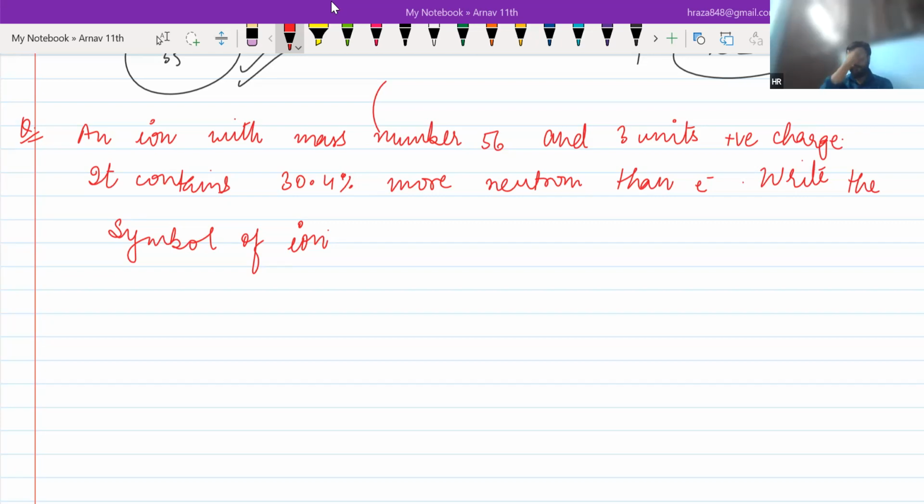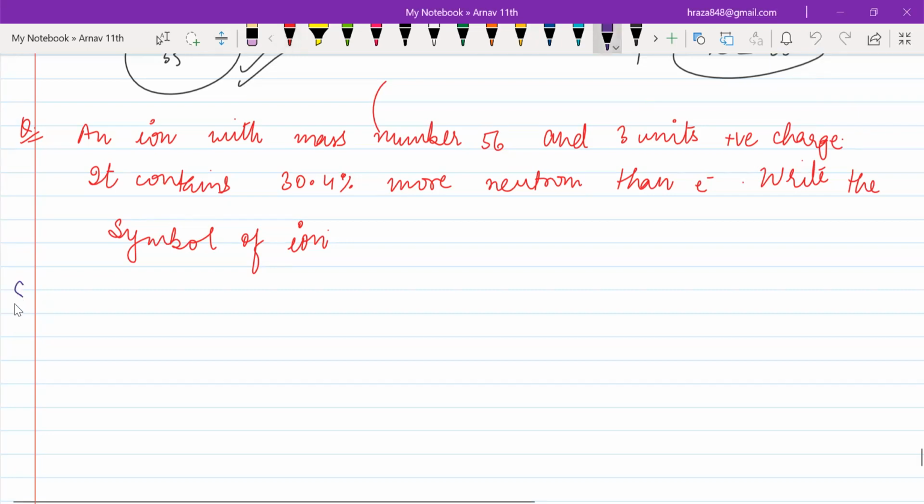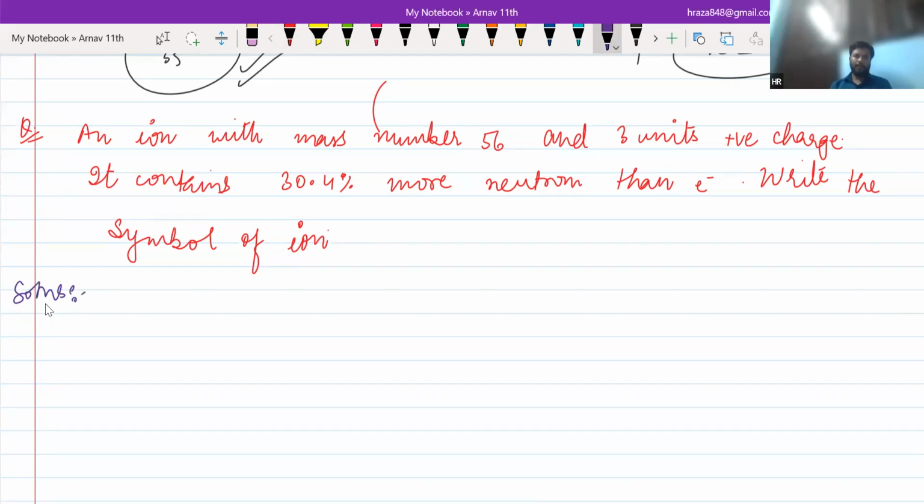Maha, what about you? Sir, I didn't get it. No problem. See, Maha, do as the question says. It contains 30.4% more neutrons than electrons and 3 unit positive charge.